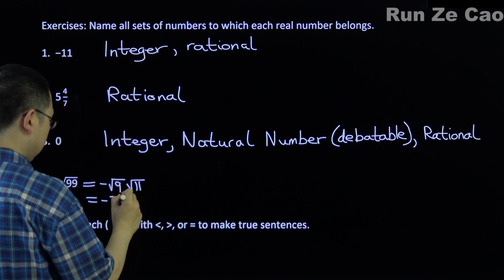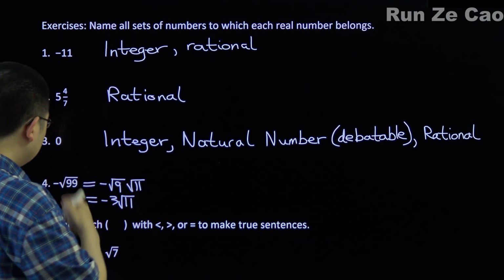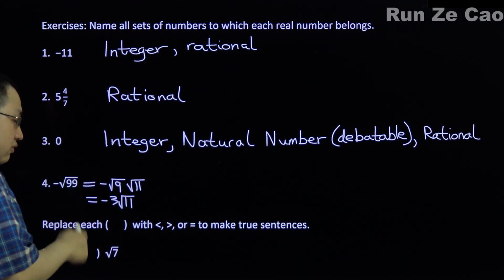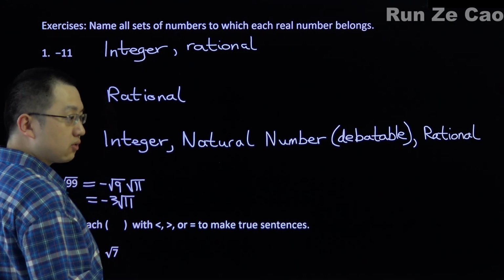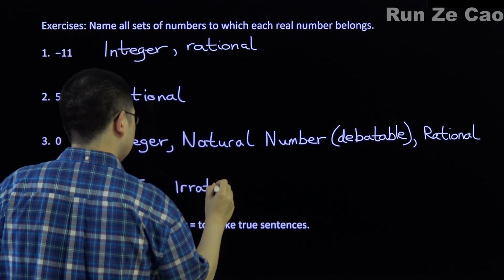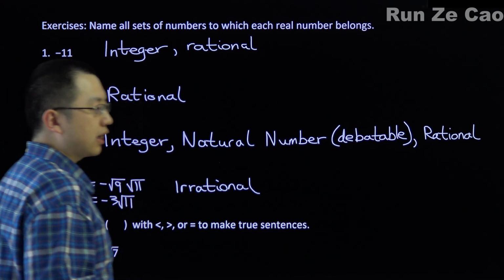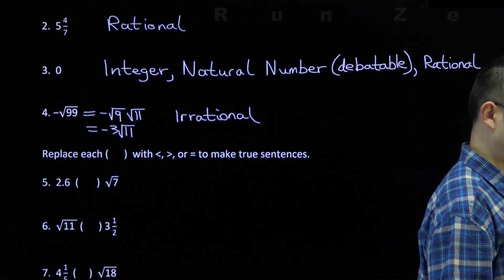So negative 3 root 11. Negative square root of 99 is irrational because root 11 is irrational, and multiplying by negative 3 doesn't fix its irrationality.